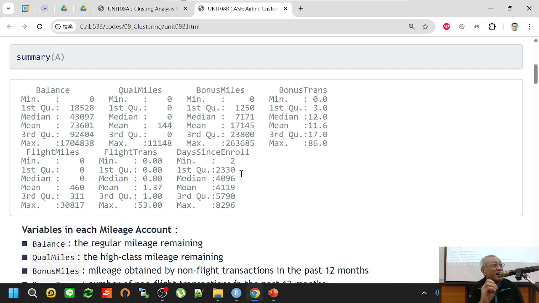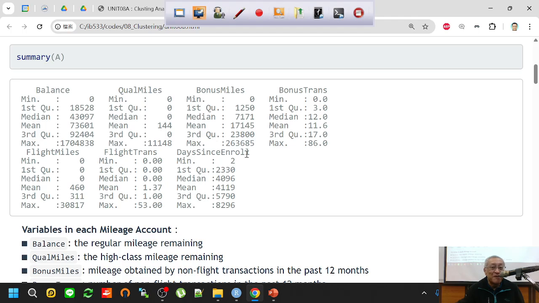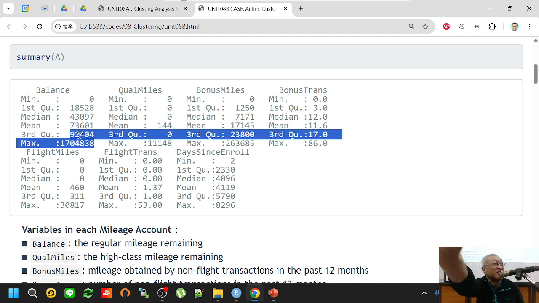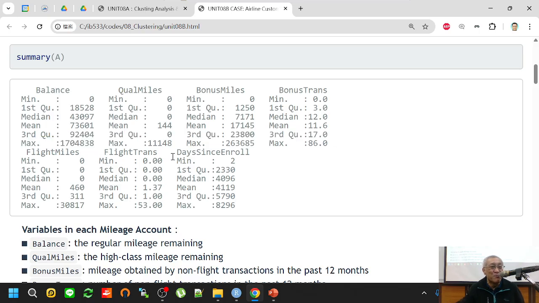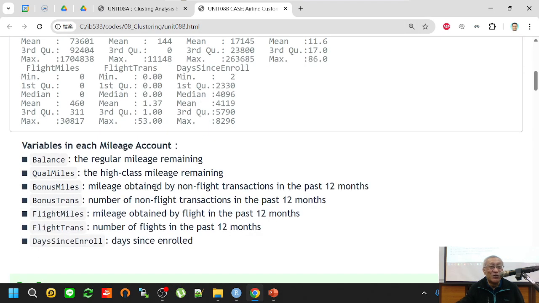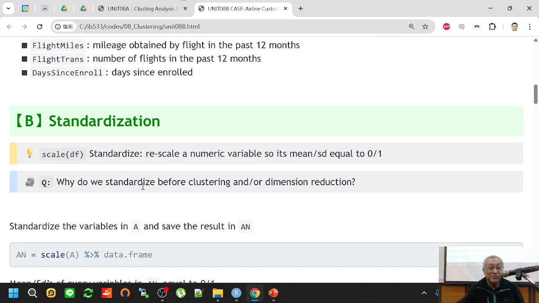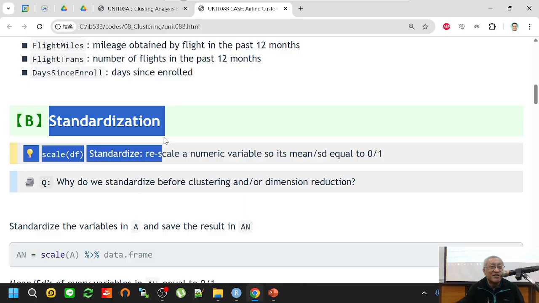Otherwise, when you map these variables into the space, this variable tends to dominate the space, and the other variables become useless, isn't it? So scaling is very important in this case. So first of all we want to do a standardization, right?